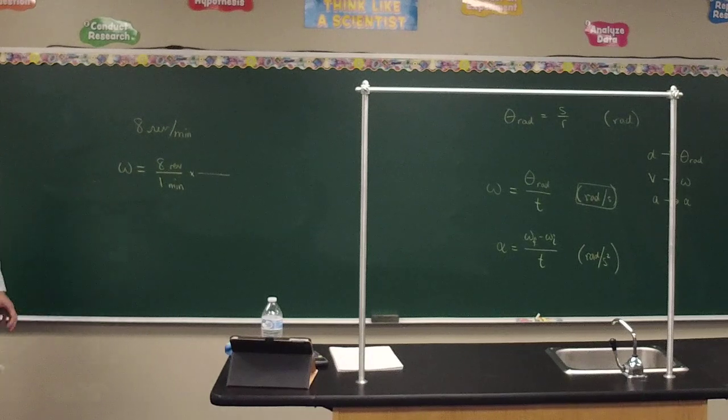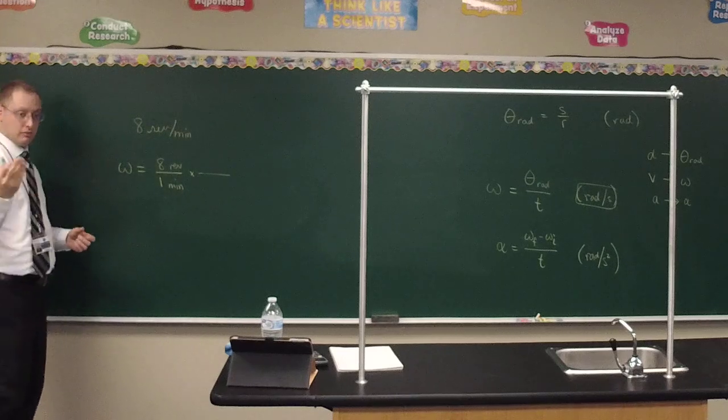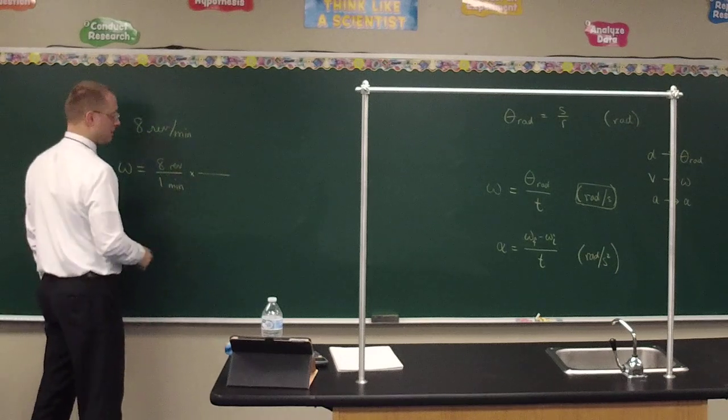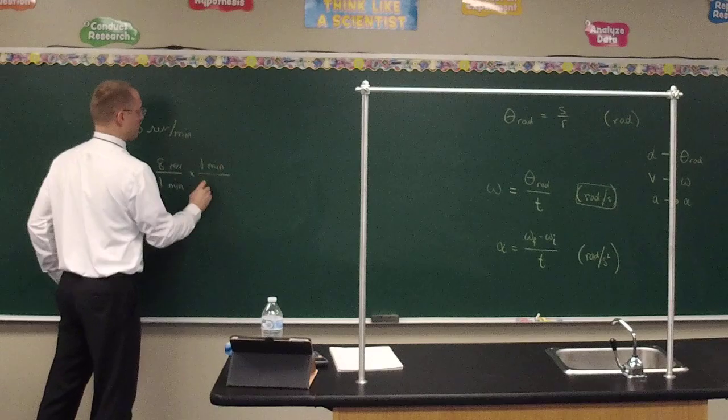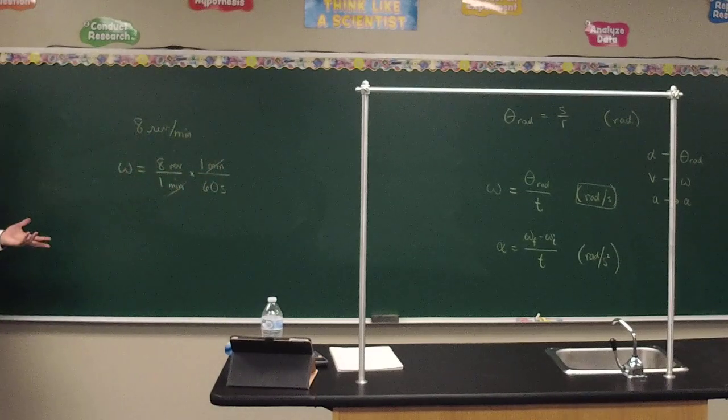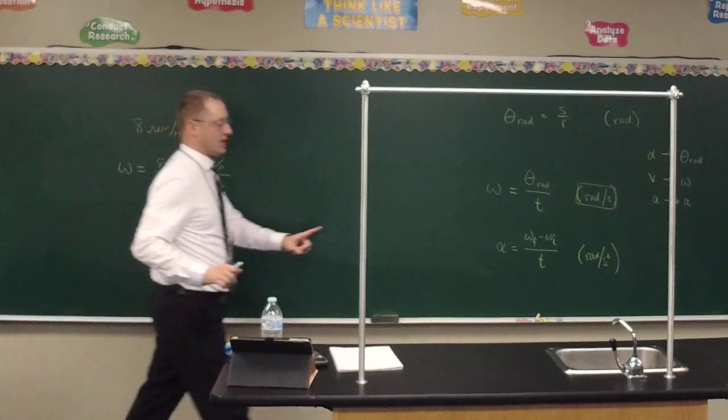Kendall? 60 seconds in a minute. There we go. Let's take the one we've known for a while, right? No problem there. Who goes where in the dimensional analysis? The 1 minute over 60 seconds. Good, put the minute over 60 seconds, and just like that, we have revolutions per second instead of revolutions per minute. I'm halfway there. I have the seconds.